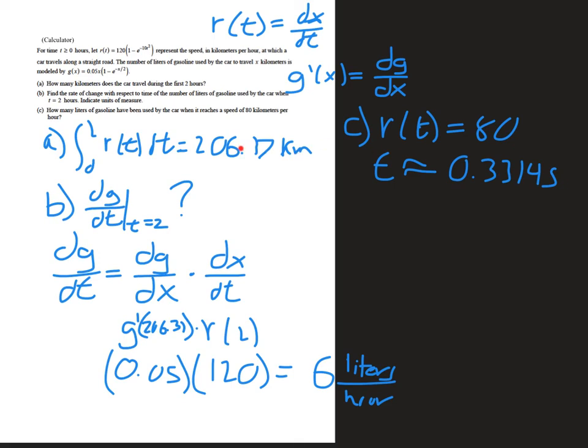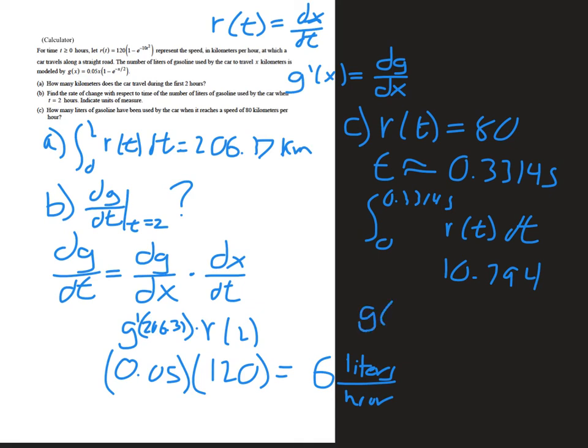Well, that's the same work that we did in part A. So I need to then figure out what's the definite integral from 0 to 0.33145 of r of t. Certainly doing that on my calculator. When I do that, I get 10.794 approximately. That is a number of kilometers, so that can go into g.